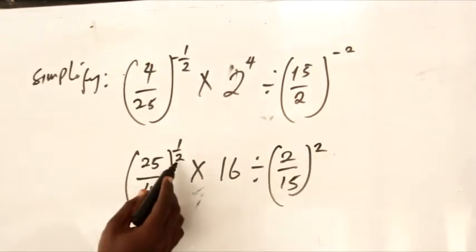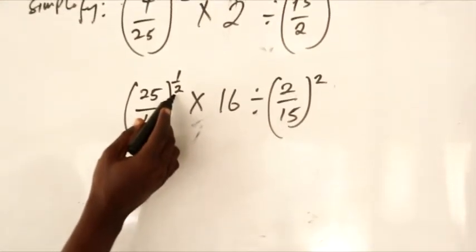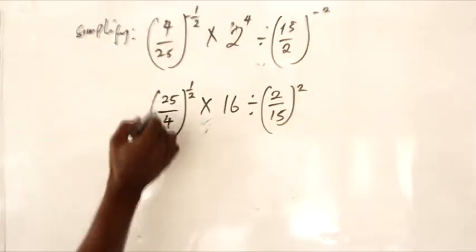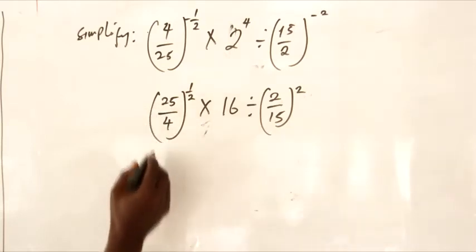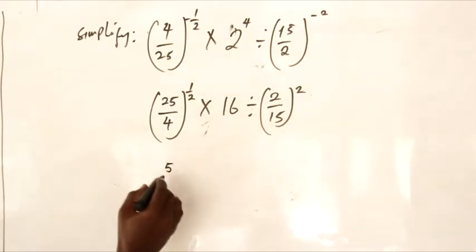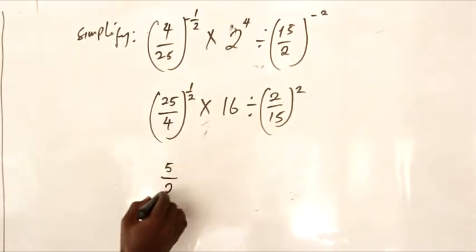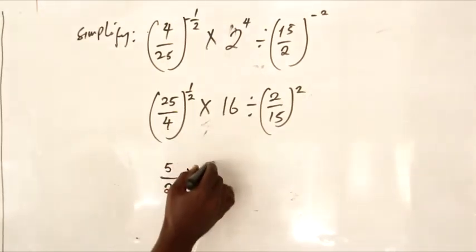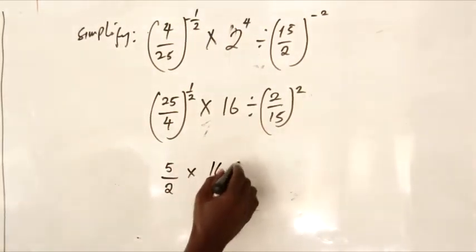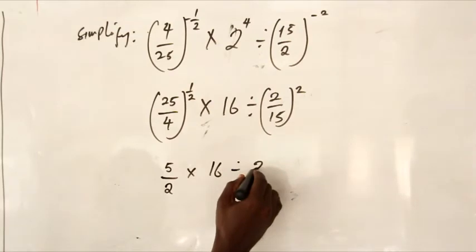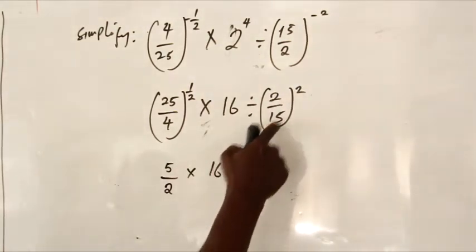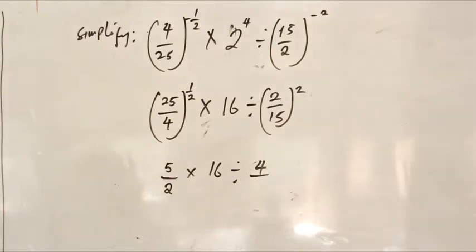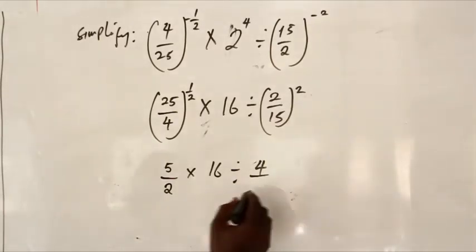Alright, we know that this 1 upon 2 here, from our law of indices, has to do with taking the square root, as in the previous example. So the square root of 25 is 5, upon the square root of 4 which is 2, times 16. This is divided by 2 squared, which is 4, upon 15 squared, which gives us 225.